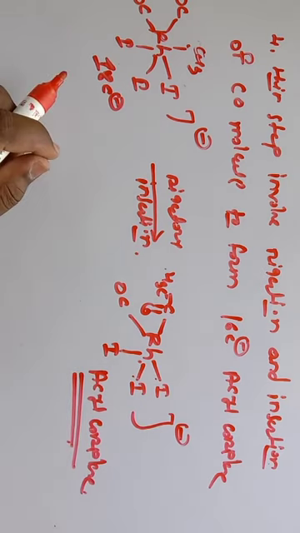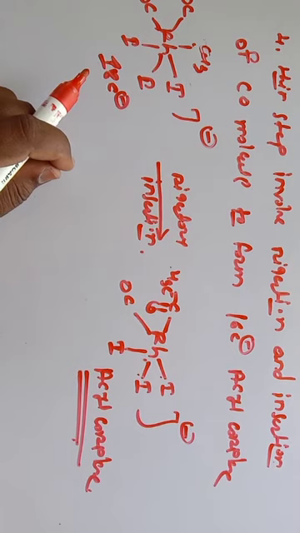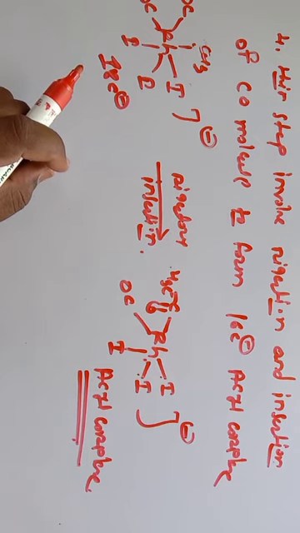So these are the steps so far: the first step is formation of the catalyst, second is conversion of methanol into methyl iodide, third is oxidative addition of this methyl iodide, a conversion of 16 electron species to 18 electron species, and the next step is migratory insertion.